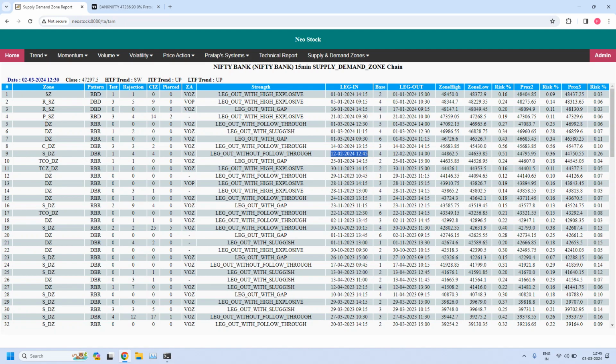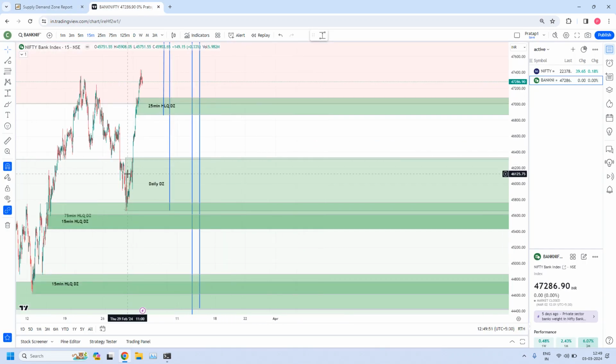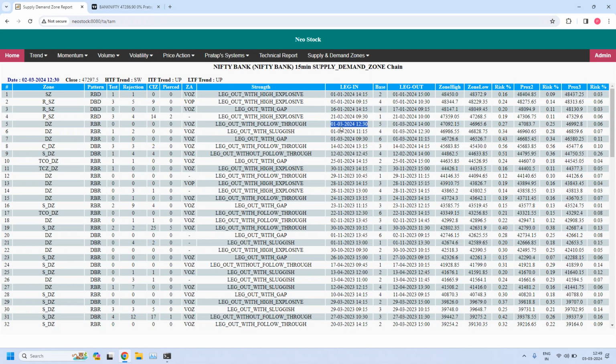And what is the most recent zone? That is 13th at 12:30.